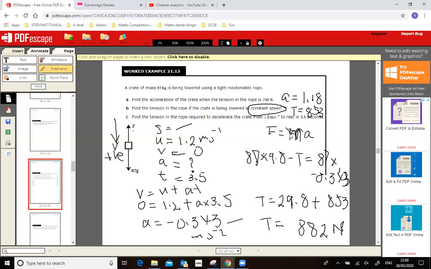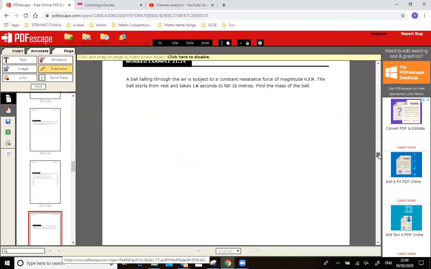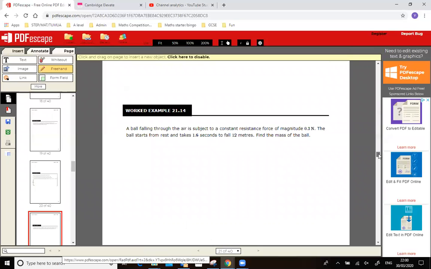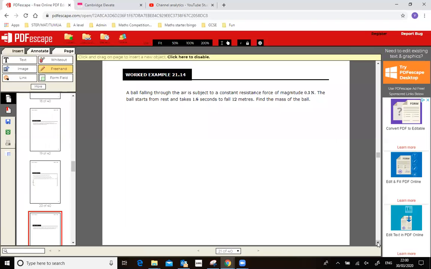Okay, excellent. Now, let's look at our last example. So, what do we have here? A ball falling through the air is subject to a constant resistant force of magnitude 0.3 Newton.